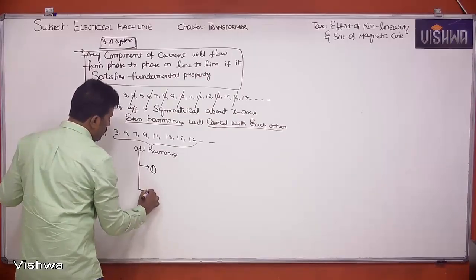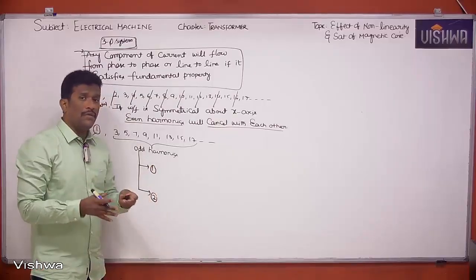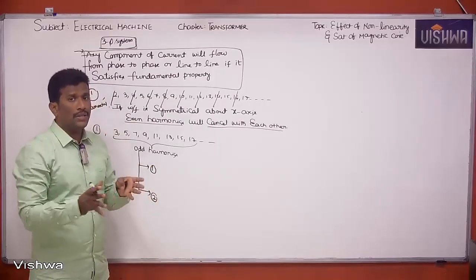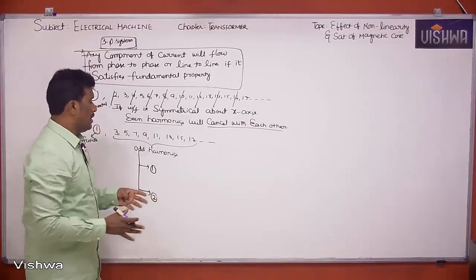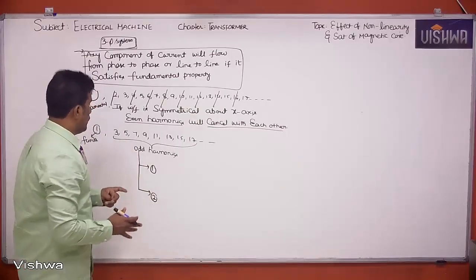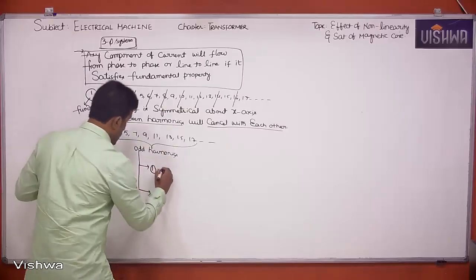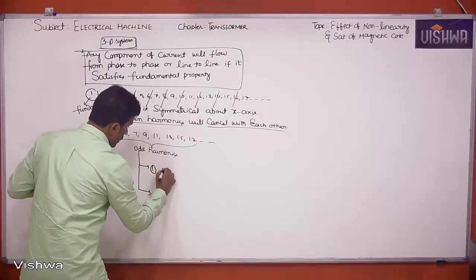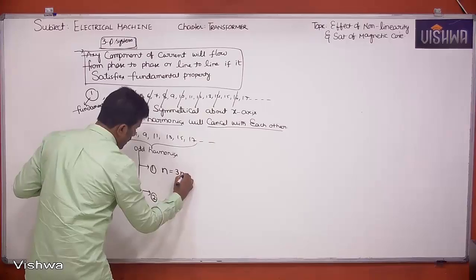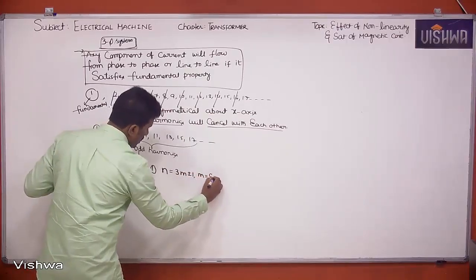Why I divided them into two groups is because these two groups behave in a different way. I'll tell you in what way they are behaving differently. Since they are behaving differently, I divide odd harmonics into two groups. Group 1: n equal to 3m plus or minus 1, where m is even.